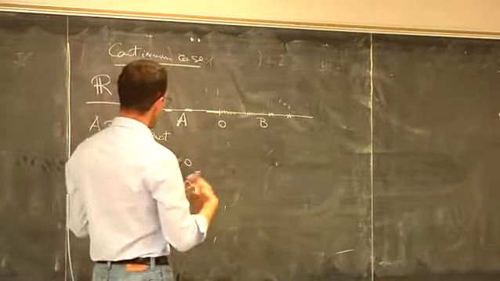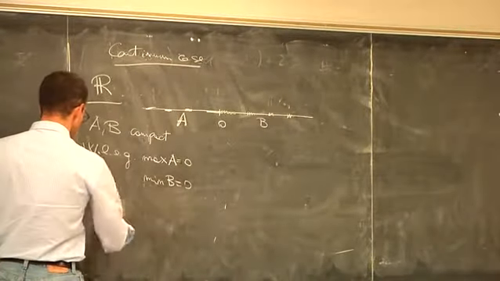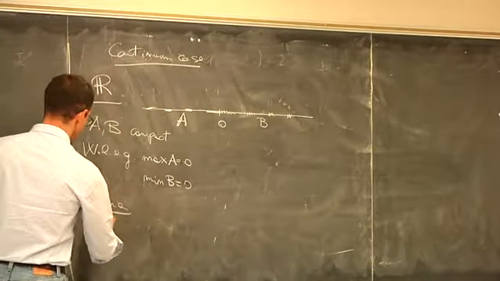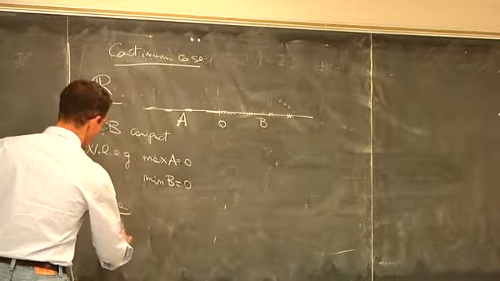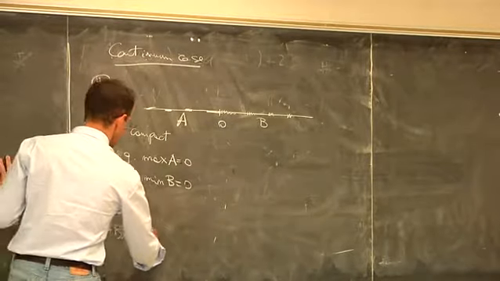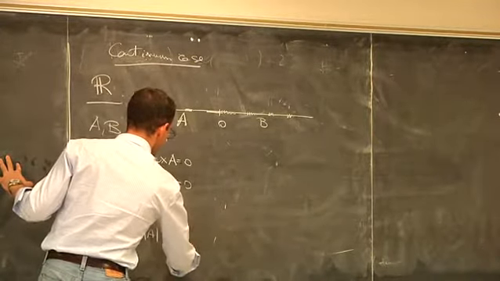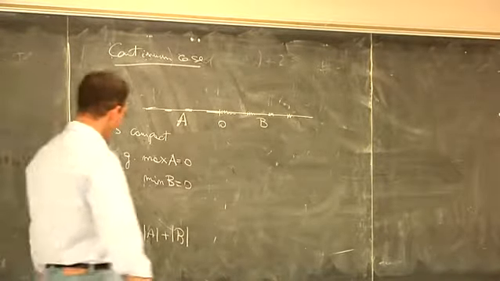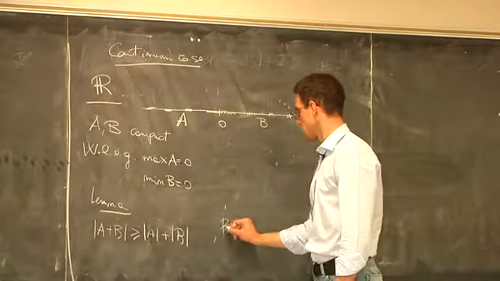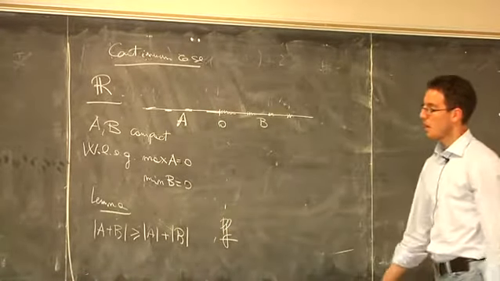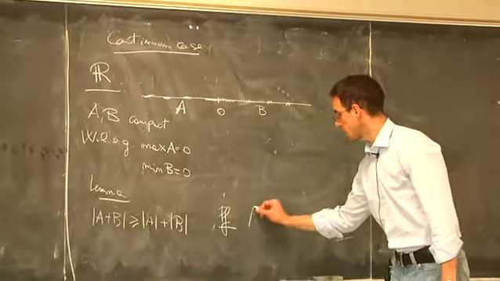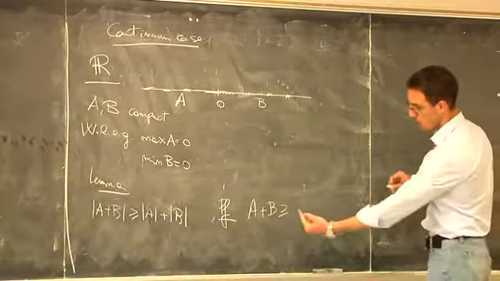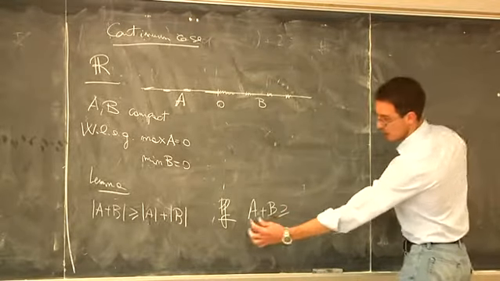And now I want to understand A plus B. If you want, this is more a lemma than a real theorem. It's very easy. The measure of A plus B is greater or equal than the measure of A plus the measure of B. And the proof just follows from the fact that A plus B contains, so you can take 0 here and any element in A here.